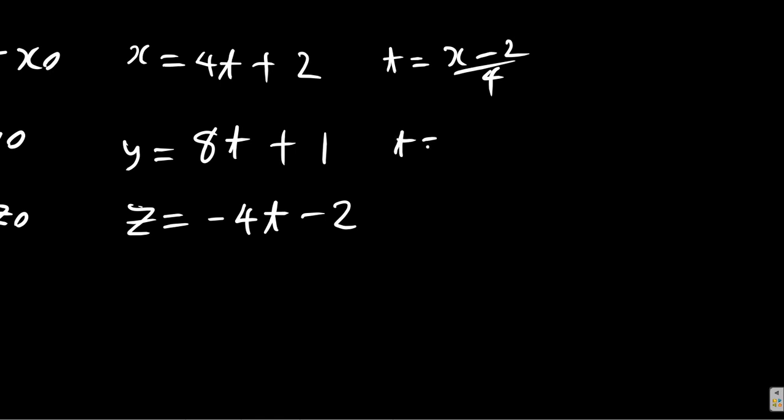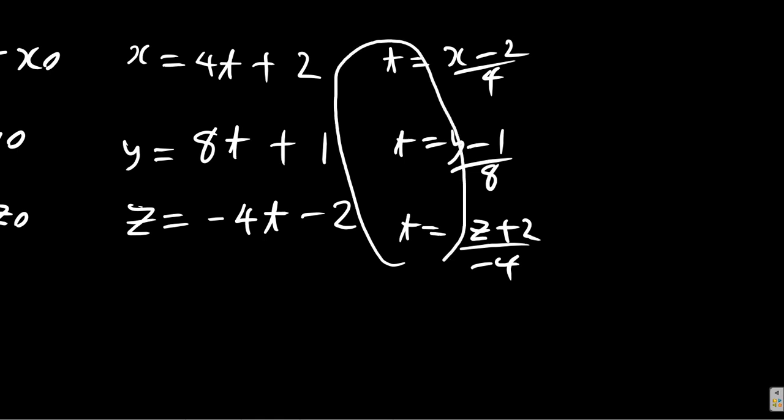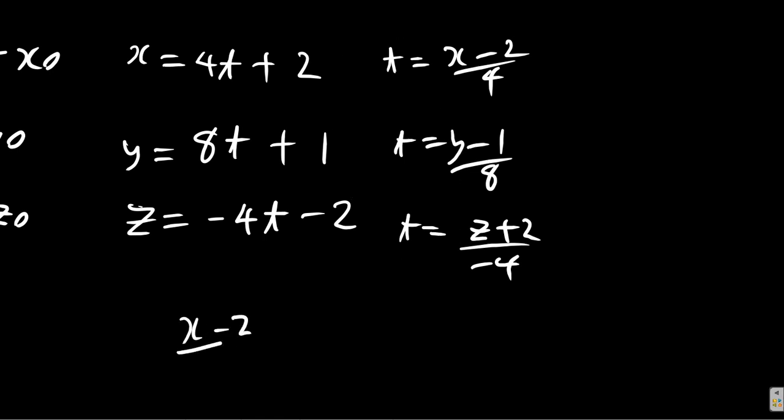In this case t is equal to y minus 1 divided by 8. And in this case t is equal to z plus 2 divided by negative 4. But all of these are t's and are the same. So you could have x minus 2 divided by 4 is equal to y minus 1 divided by 8, and that is equal to z plus 2 divided by negative 4.